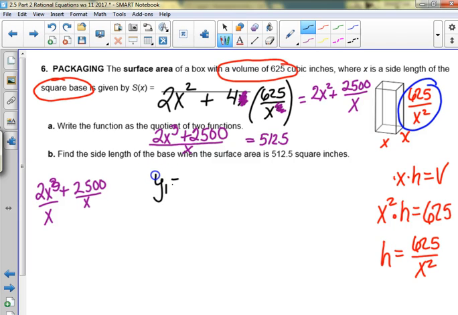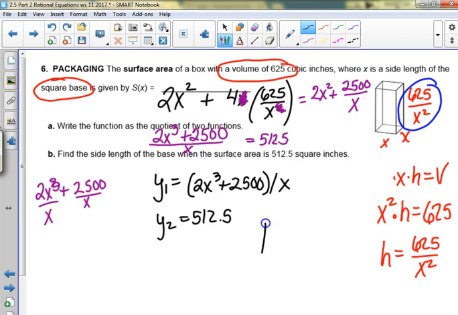Yeah, y1 equals 2x cubed plus 2,500 divided by x. Y2 equals 512.5. What kind of a window are we going to need? X represents what? The length of a side down there, so can it be negative?